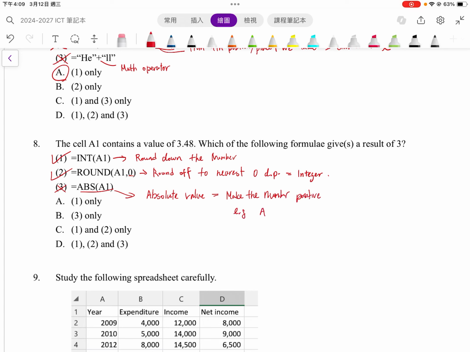So for example, if I have equal ABS -1, the result will be 1. And for a positive number, if you have ABS 12, you will keep the number 12. So for this case, it will be 3.48, so it is wrong. The answer should be C.